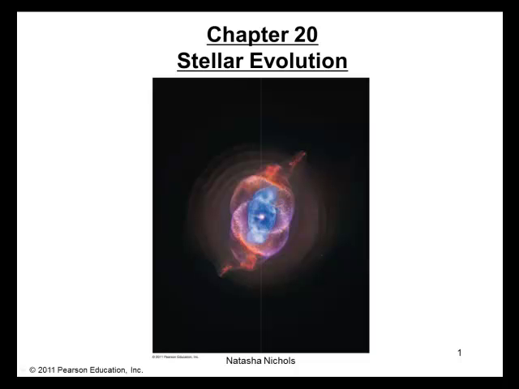In this opening picture right here, we see what is called a planetary nebula. A planetary nebula, unlike what the name implies, has nothing to do with planets. It is the ejected envelope of a red giant star spread out over a large volume.